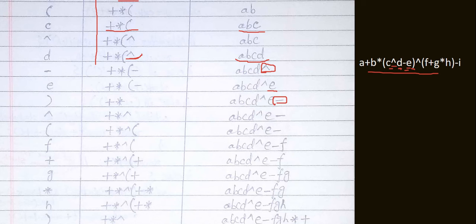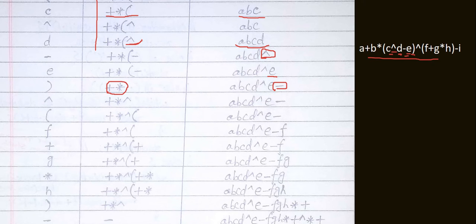Now the final expression at this position is plus and the multiplication. Next, similarly to the previous step, there is the exponent, and this exponent also will be pushed, and after this again an opening bracket.